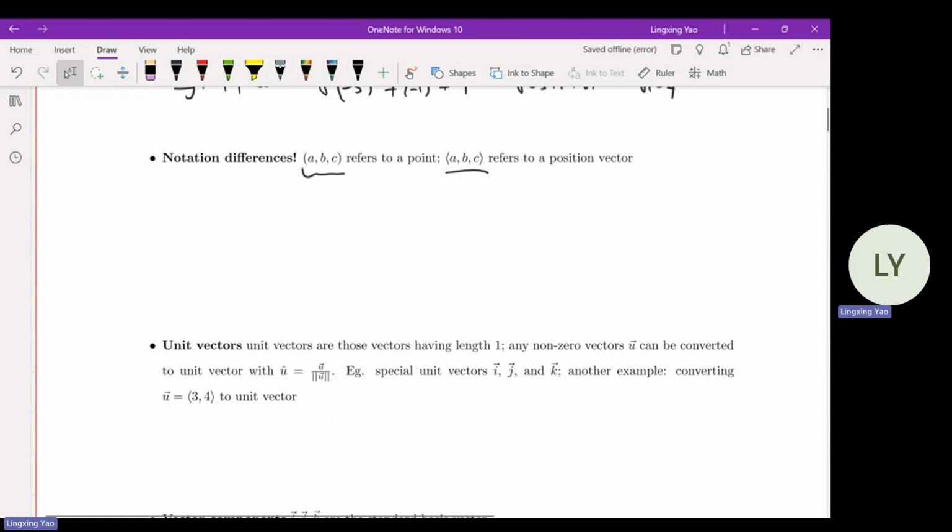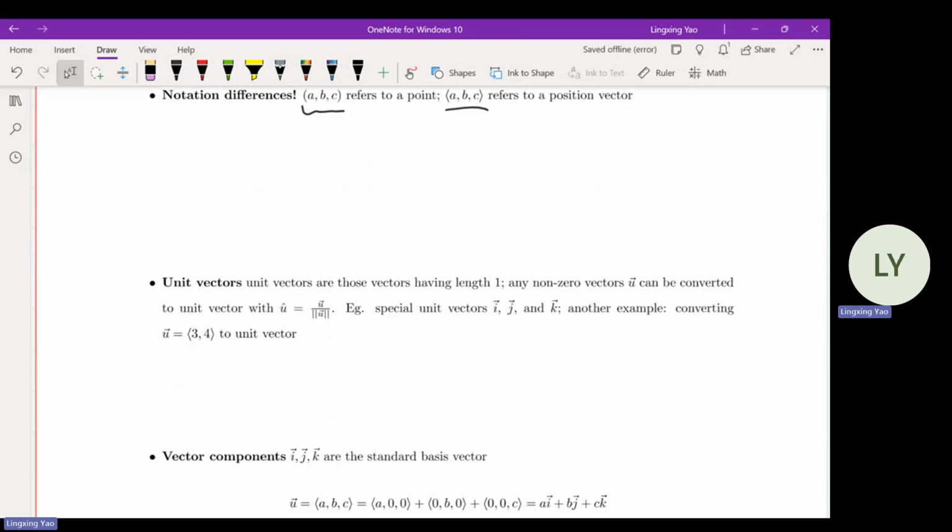All right, as we discussed in previous section, we also talked about the unit vector, right? And there are special unit vectors we want to remember, and they are I, which is pointing to the positive x direction, and J, the positive y direction, and K, the positive z direction.